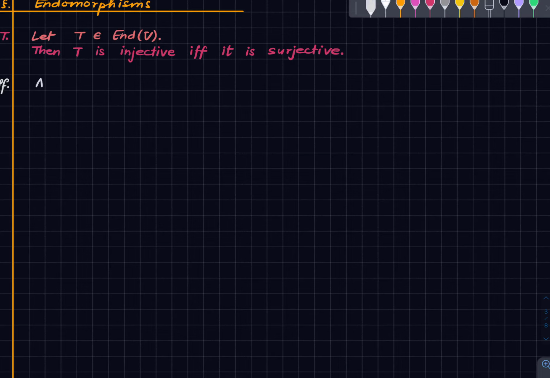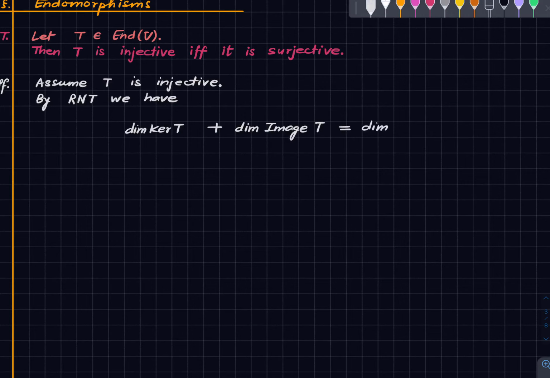So assume T is injective. Now by the rank nullity theorem, we have this equation, but by injectivity this is 0.